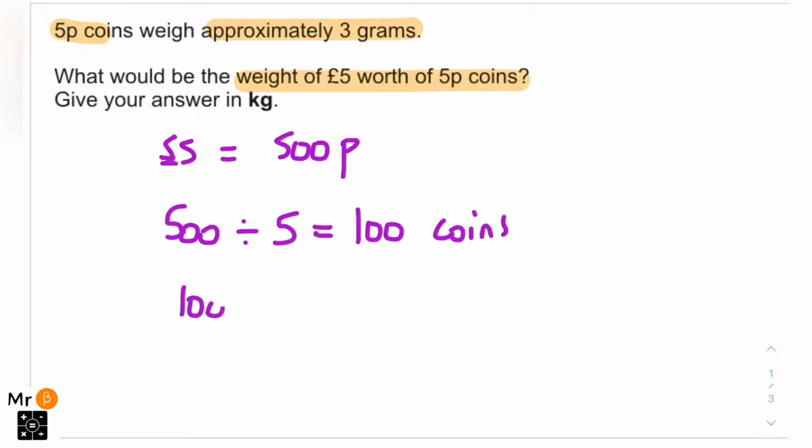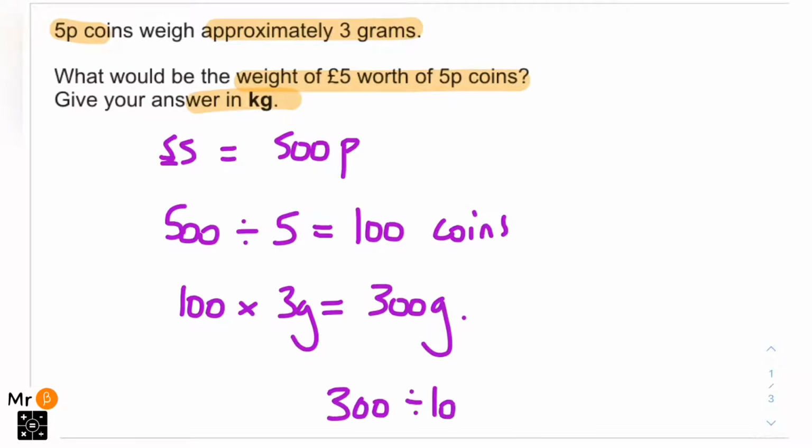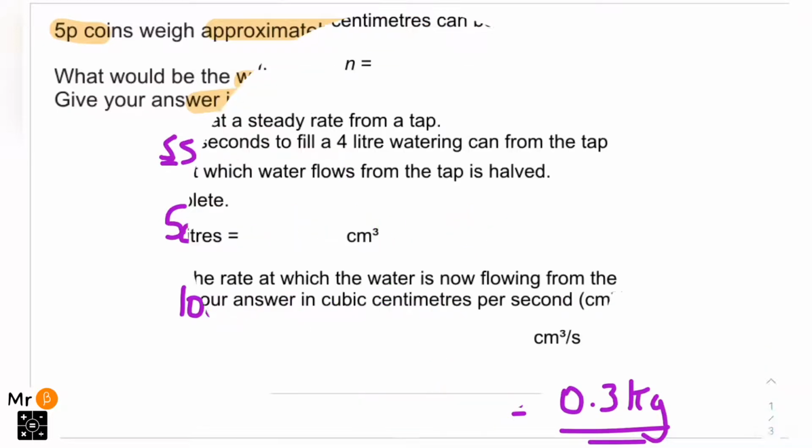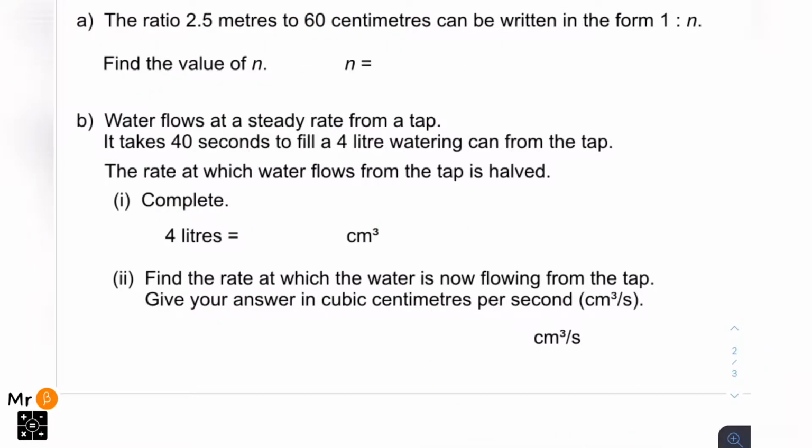We know that the 100 coins have a weight of 3 grams each, so that is equal to 300 grams. Just double check the question, it wants it in kilograms, so we need to divide by 1000 to get it into kilograms, which is 0.3 kilograms.